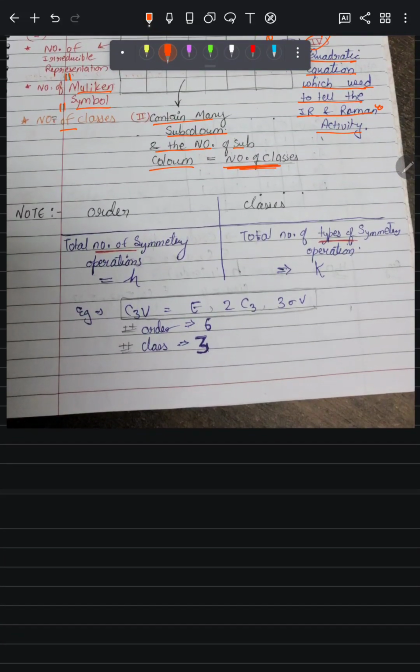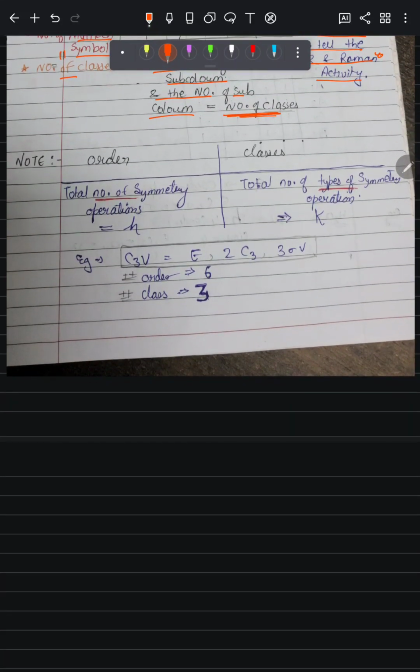Now let's discuss what is order and what is class. The total number of symmetry operations is called the order, and the total number of types of symmetry operations is called the class. So according to the C3v point group, how many classes and what order are present? We know that the order is the total number of symmetry operations.